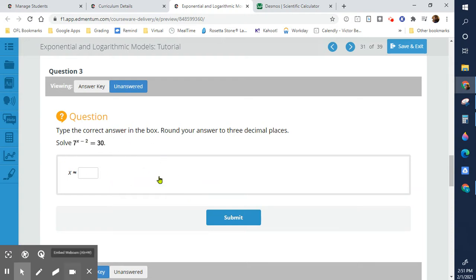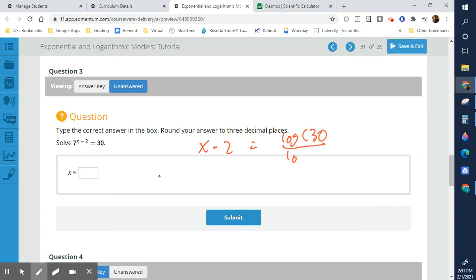In order to show our work, I'm going to divide it by base 7. So I get x minus 2 equals log 30 over log 7. And then I'm going to add 2 to both sides. So x equals log 30 over log 7 plus 2.